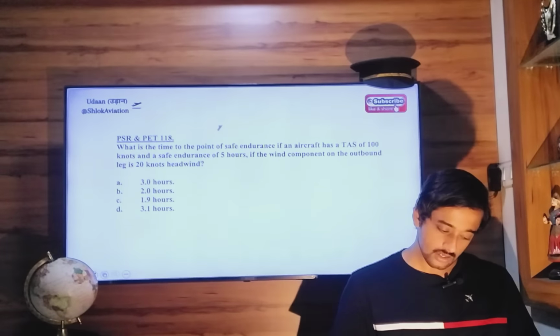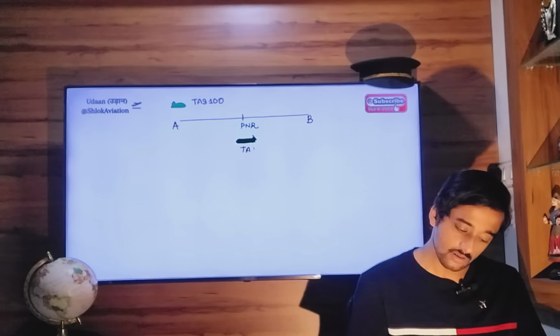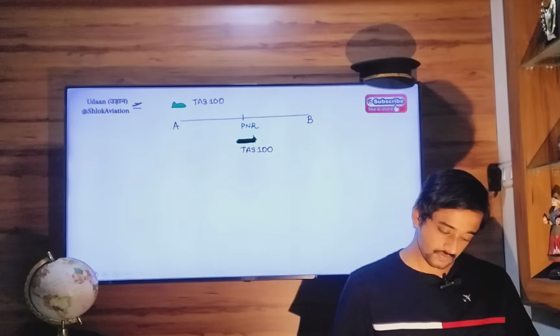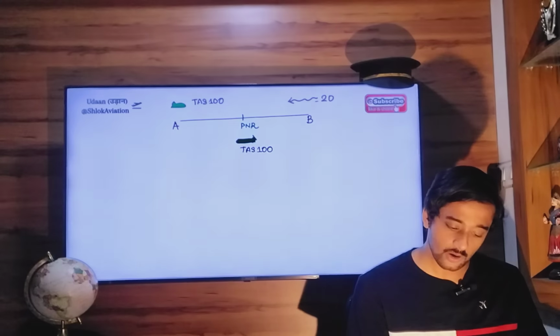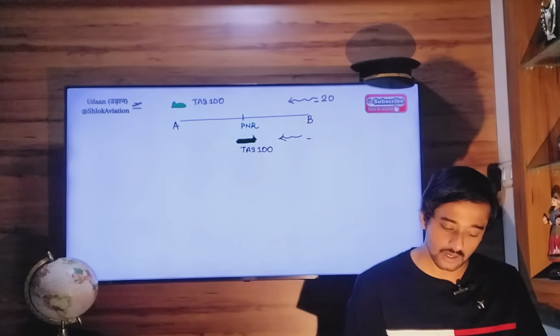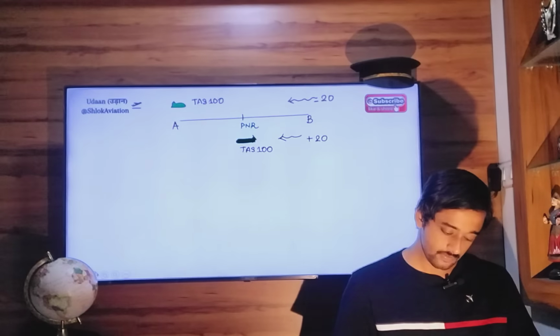TAS is 100 and 20 knots headwind on the outbound leg. So minus 20 on the outbound leg, a tailwind of plus 20 on the homebound leg.